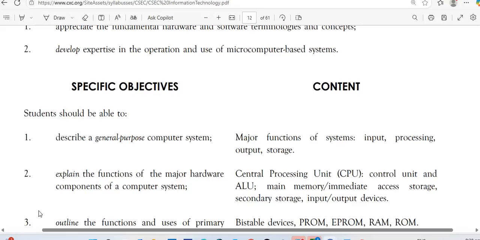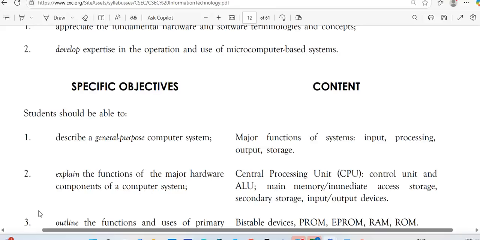All right, so let's look at the input function. The input function on a computer refers to the process of entering data into a computer system. This can be done through various input devices. What are some of the input devices that you could use to enter information on a computer system?